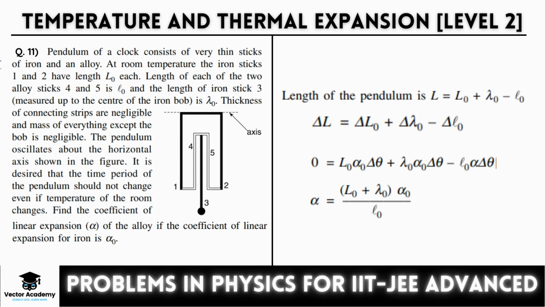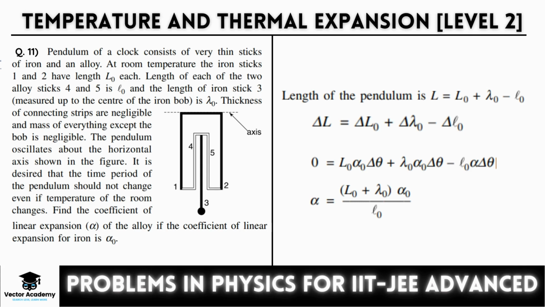In order to keep the time period of simple pendulum constant, change in length delta L of pendulum should be 0. It gives 0 equals L0 into alpha 0 into delta theta plus lambda 0 into alpha 0 into delta theta minus small l0 into alpha into delta theta.